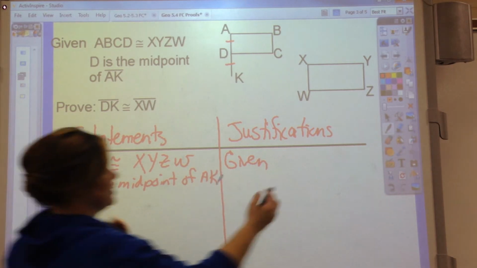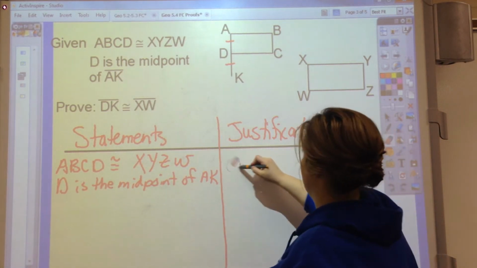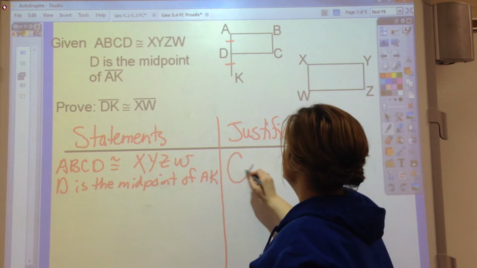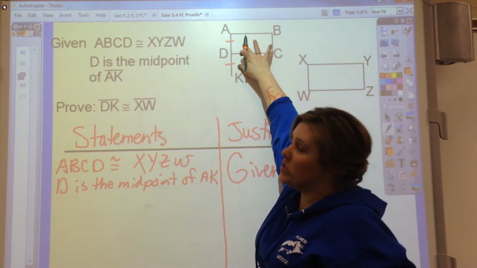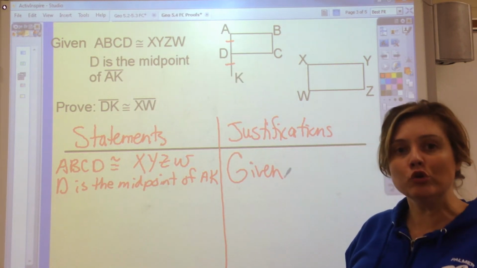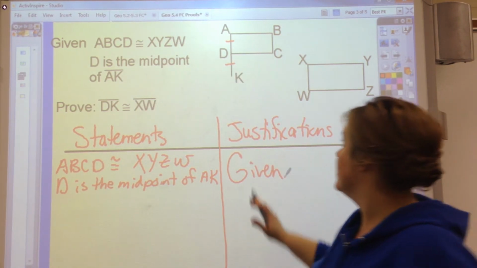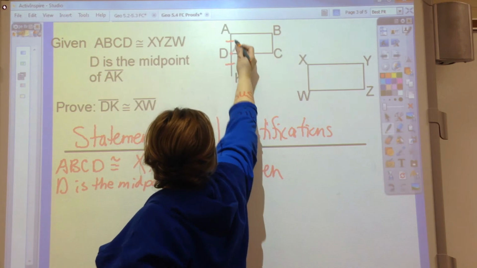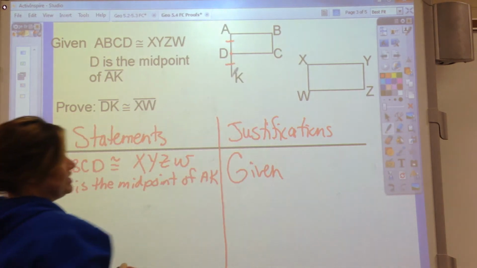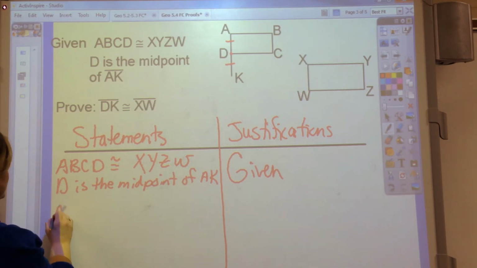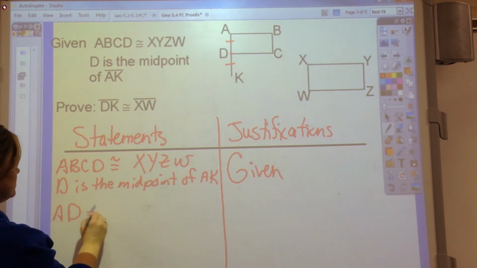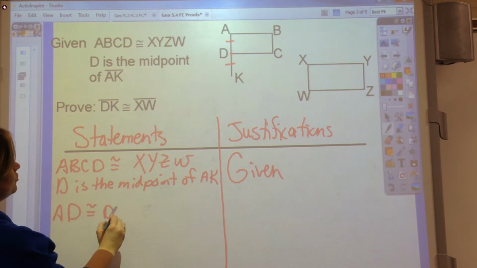This is also given. Maybe I'll just write my given a little bit bigger. Both are given. And now, remember these marks we made? We need to include mention of those in our proof. If D is the midpoint, then I know that AD must be congruent to DK. So why don't I go ahead and write that next? AD is congruent to DK.